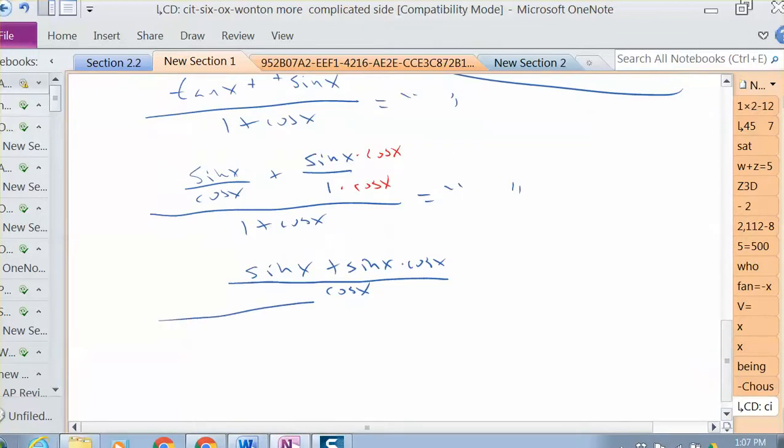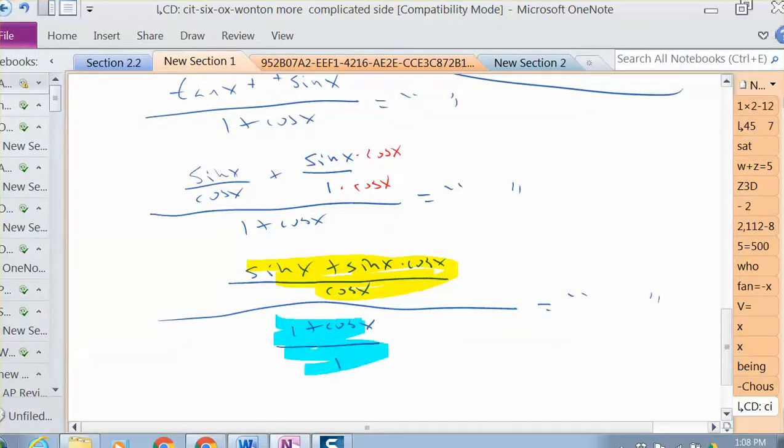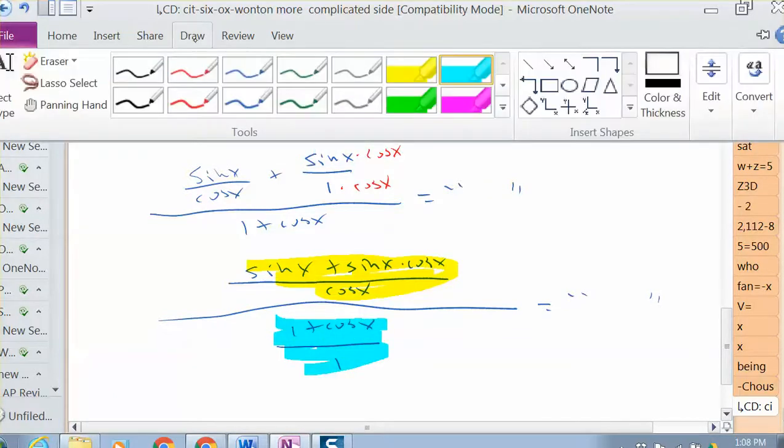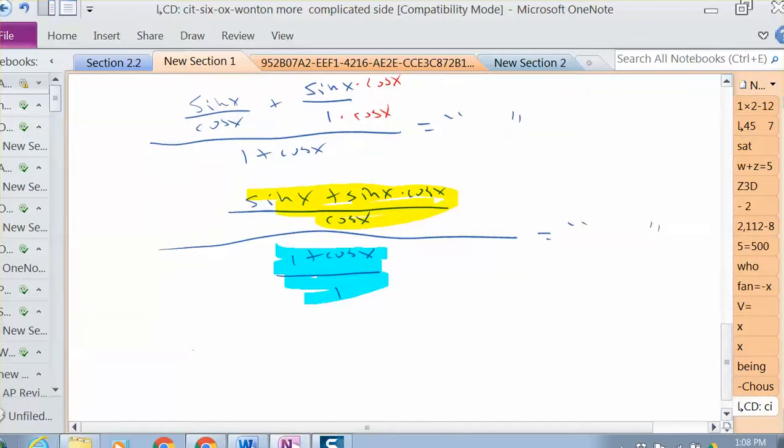And the bottom is still 1 plus cos x, but I'll make it 1 plus cos x over 1. So now we have two fractions being divided, the one I'm highlighting in yellow, and the one I'm highlighting in, say, turquoise. When you divide fractions, you always flip the fraction that's on the bottom and multiply.